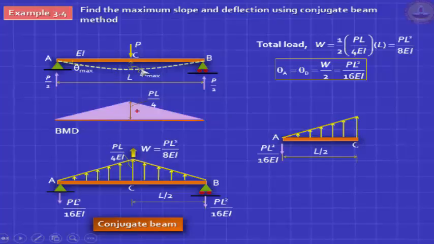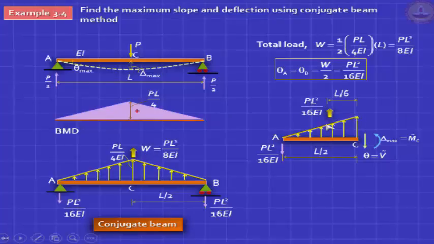No shear here means the slope here is 0. But there is a moment here, and that moment is the deflection. Very easy to get. That moment in your conjugate beam at the midspan is the deflection. So how do you get the moment? Well, first you get the resultant force acting here. That's the area of this triangle, which is equal to this.